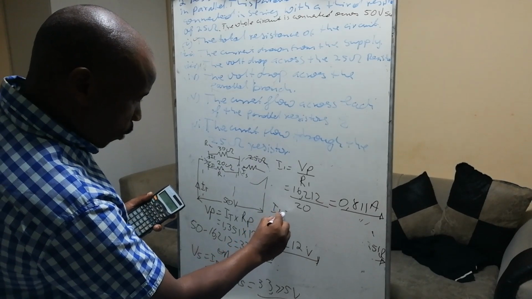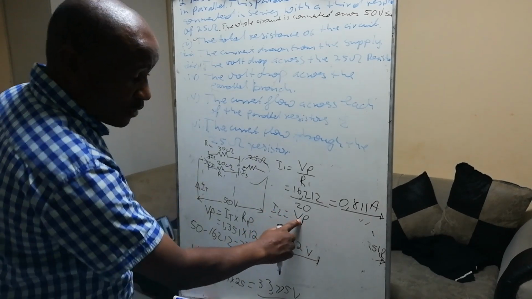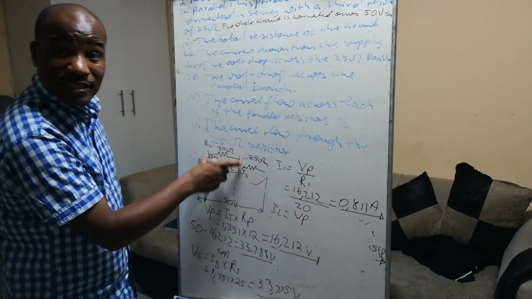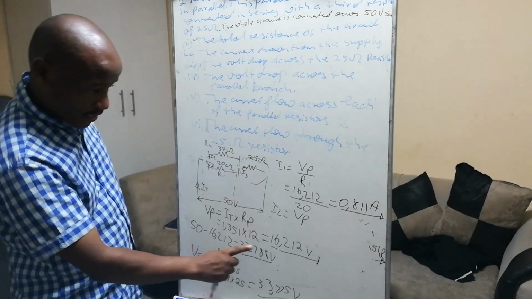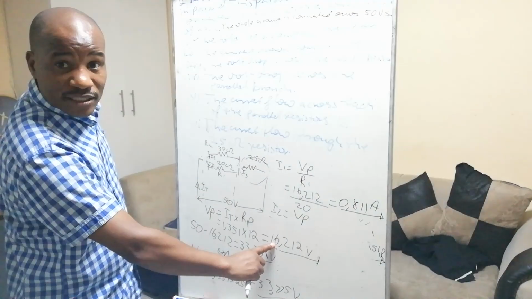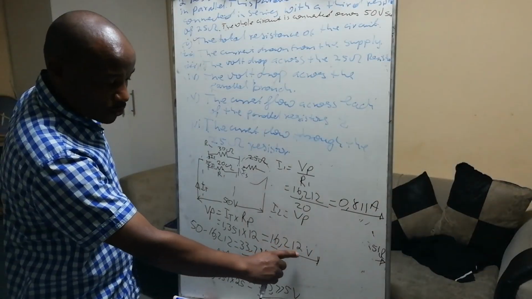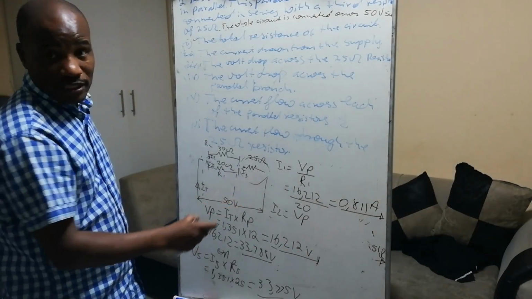I2 is equal to what? VP. Why VP? Remember, these two resistors operate at the same voltage. And what is that same voltage? It is calculated at 16,212 from that 50 volt supply.